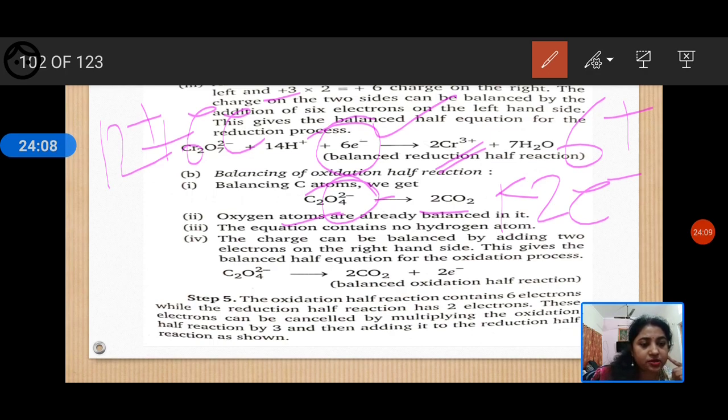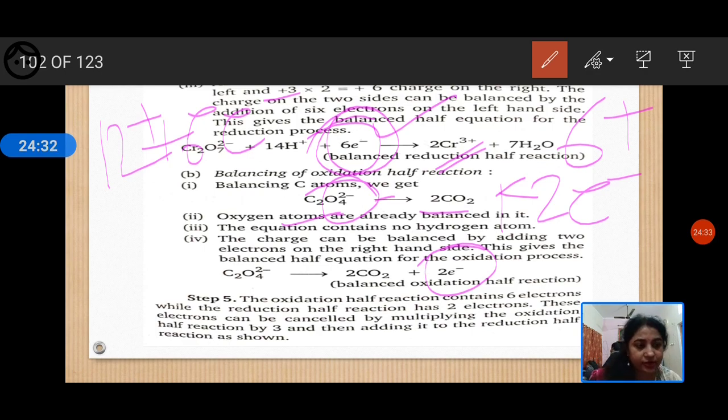Okay, so the next step: the reduction half reaction contains 6 electrons, while the oxidation half reaction has 2 electrons. Here are 6 electrons, here are 2 electrons.